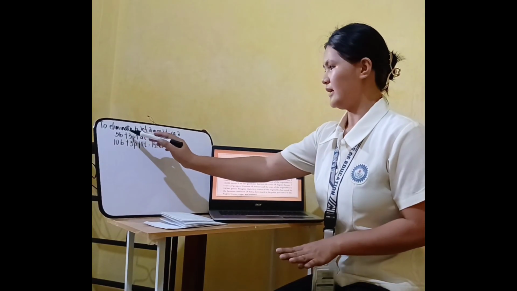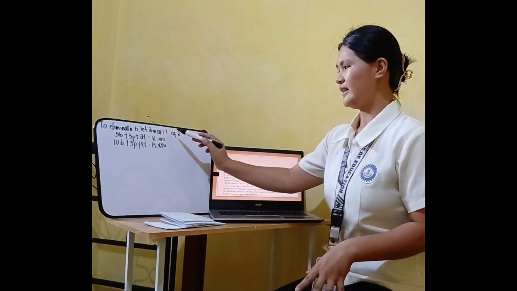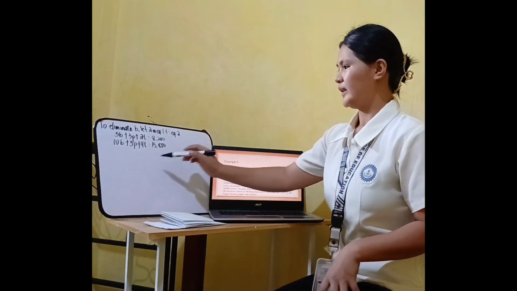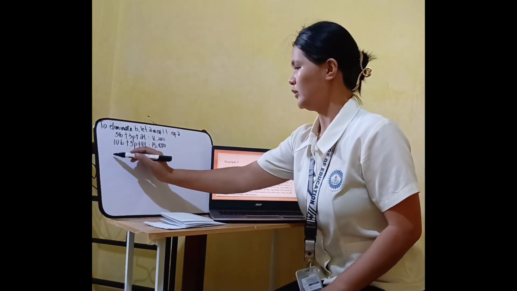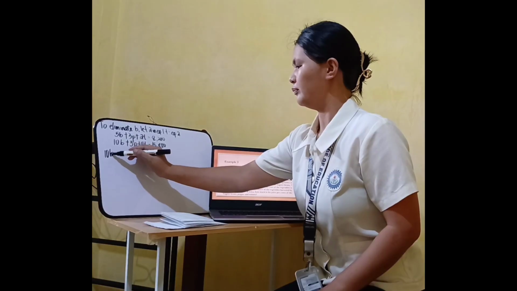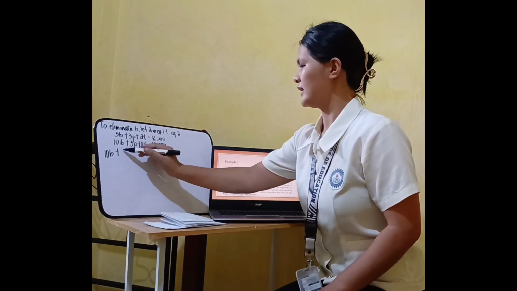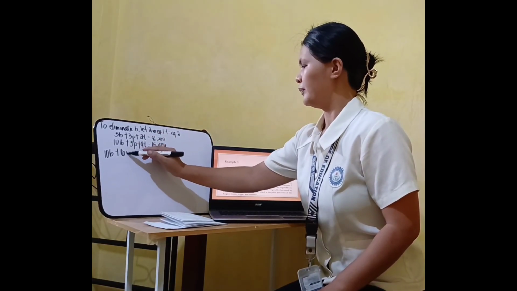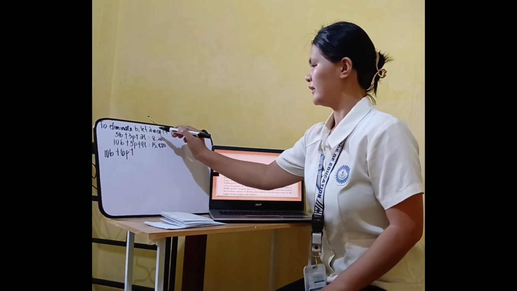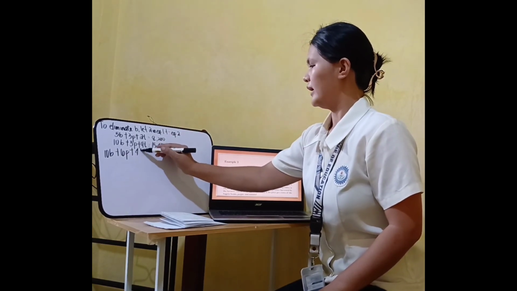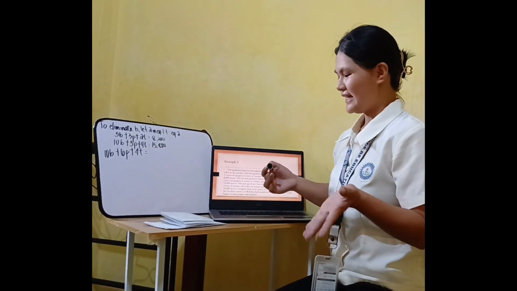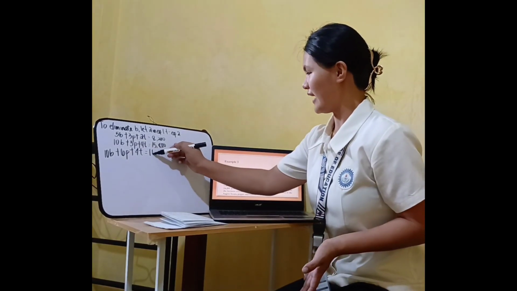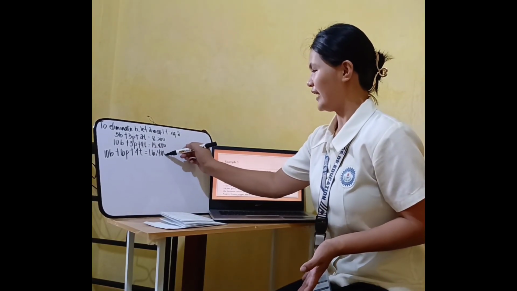To eliminate variable B, let 2 times equation 1 plus negative equation 2. So 2 times 5 is equal to 10B, plus 2 times 3 is equal to 6P, plus 2 times 2 is equal to 4T, and 8,200 times 2 is equal to 16,400.